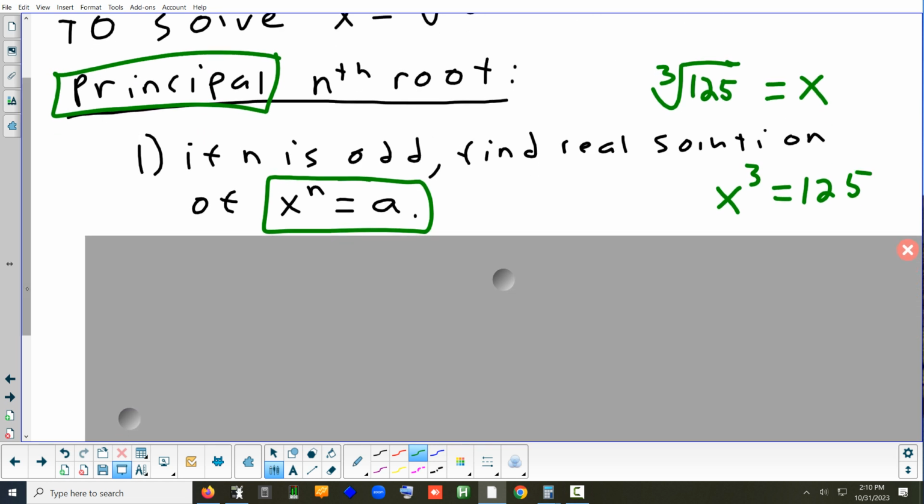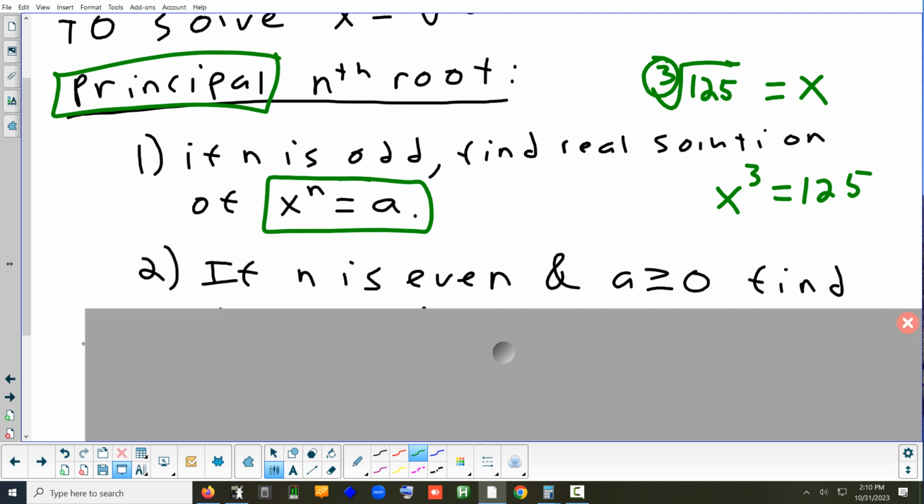Now, if this is an even number, we have to be careful. Because if it's even, what happens if you try to take the square root of a negative number? What kind of number would you get? You get an imaginary.